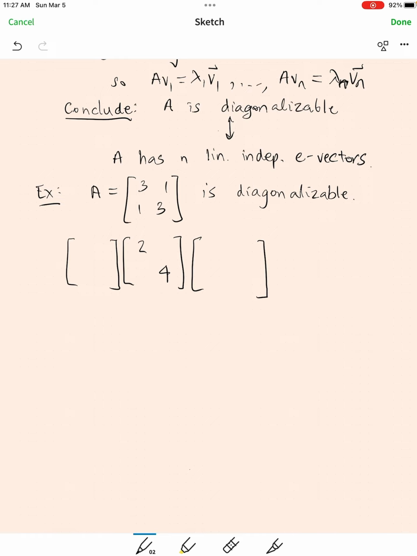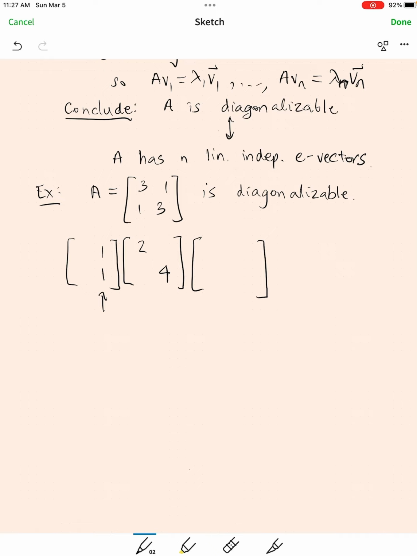We saw that V2 has to have eigenvalue lambda 2. So the second column has to be a 4 eigenvector, right? A vector that gets scaled by a factor of 4. And what's one vector that gets scaled by a factor of 4? 1, 1.